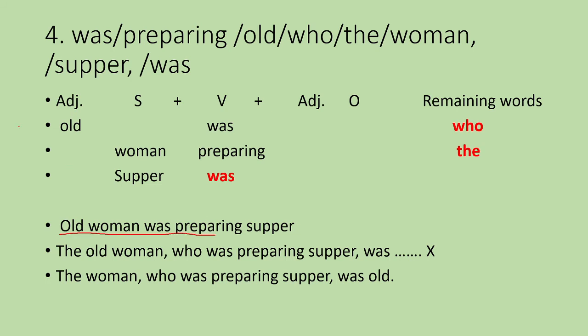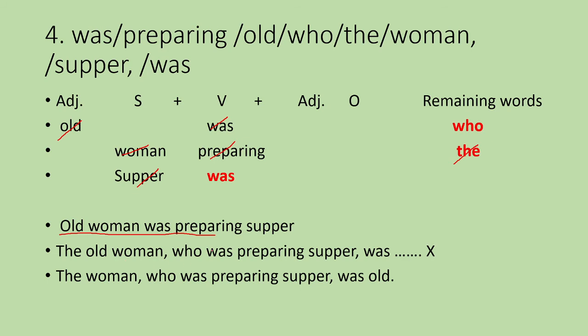So let's eliminate what we have used. Old we have used, woman we have used, supper we have used, was we have used, and preparing. So old woman was preparing supper. The sentence is complete, but still we are left with three words, so we have to fit in these three words. The can come before old. So the old woman.